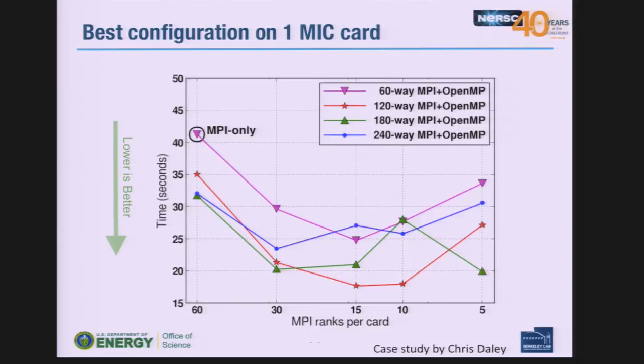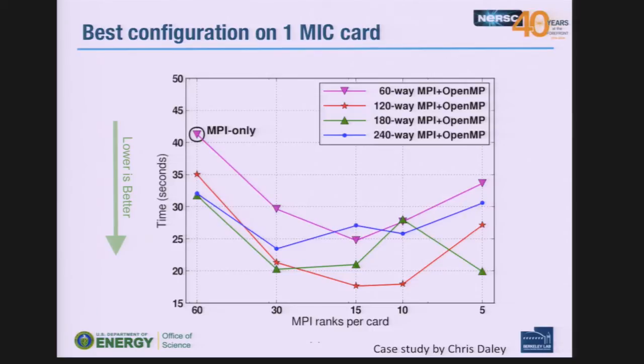Each one of these lines is holding the product of the number of MPI tasks and OpenMP threads constant, okay? If you look at the purple one here, this is MPI times OpenMP equals 60. In this case, there's 60 MPI ranks and no OpenMP threads. Then here, there's 30 MPI ranks and 2 OpenMP threads each. So 30 times 2 is 60, okay?